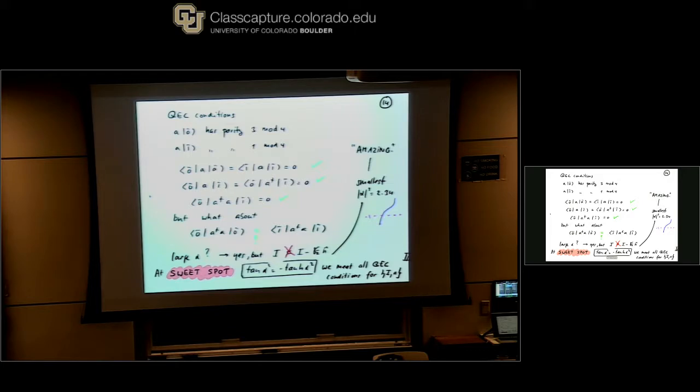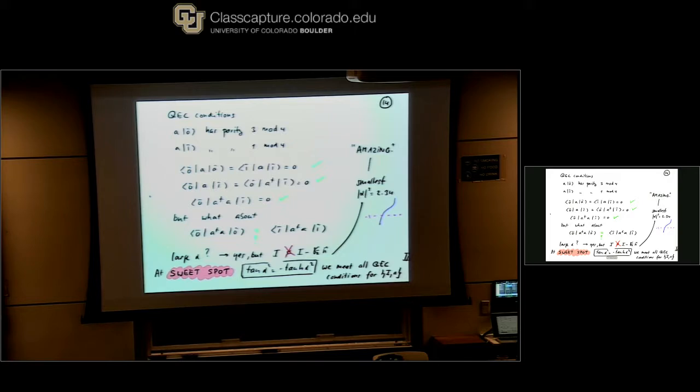If I start with the state 0, the parity was 0 mod 4, and now it's 3 mod 4. And if I start with 1, I have 1 mod 4. And clearly, if I start with 0 and I apply A, it's orthogonal to 0. And the same thing for that. So that's good, right? That's one of the error correction conditions.